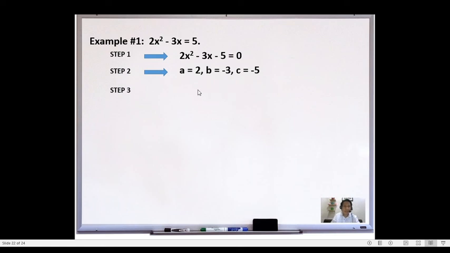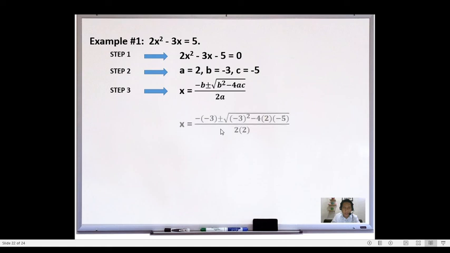For step number 3, we are going to substitute now from the quadratic formula. x is equal to negative b plus minus the square root of b squared minus 4ac over 2a. So substitute the values of a, b, and c.